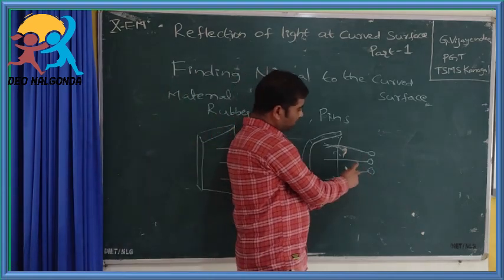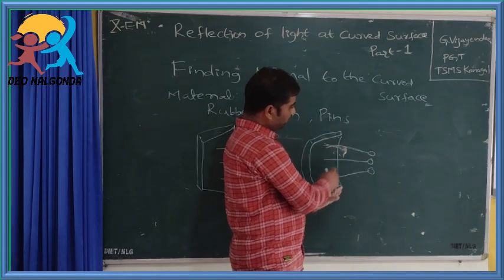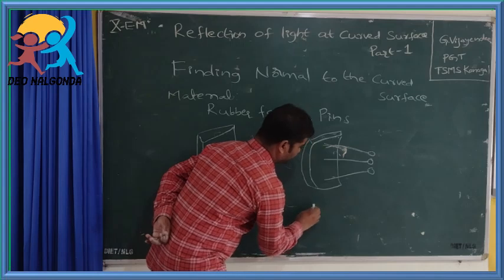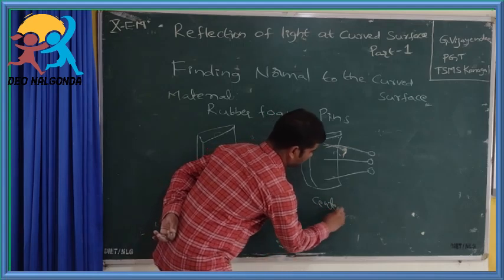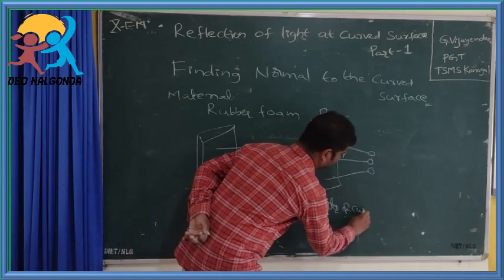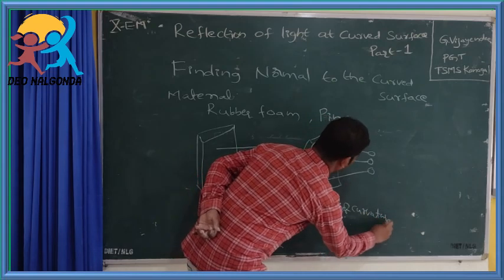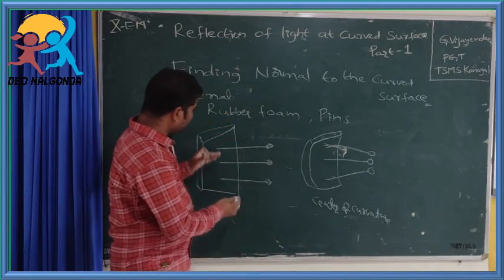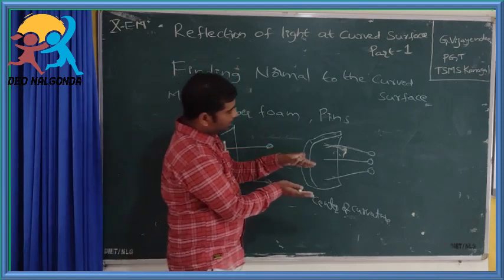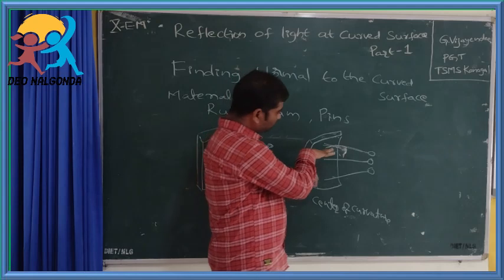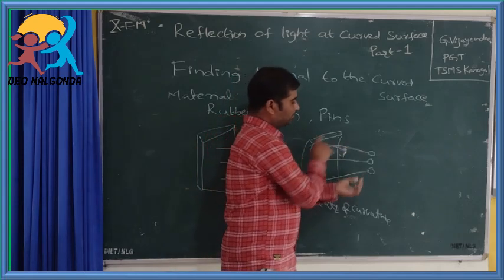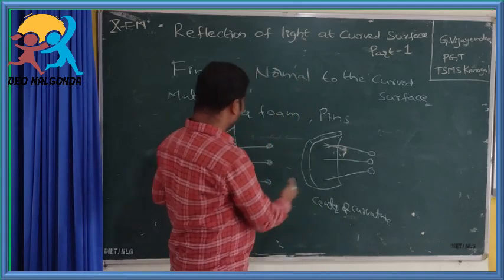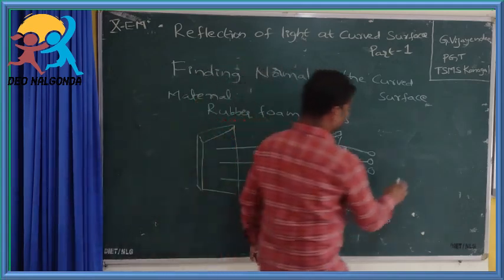This converging point of these normals is called the center of curvature. Now, if we bend the rubber foam outside, they look like this.